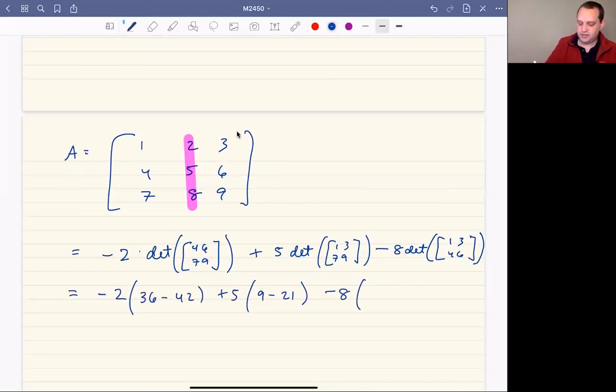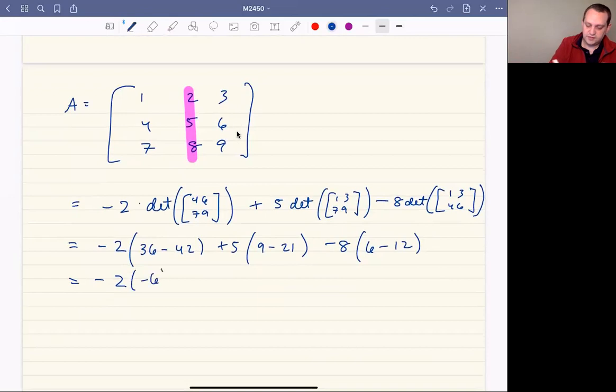So that's 1 times 6 minus 4 times 3. And so altogether, we should get 0, but let's just double check. Negative 2 times negative 6, plus 5 times, let's see, 9 minus 21 is negative 12, minus 8 times negative 6.